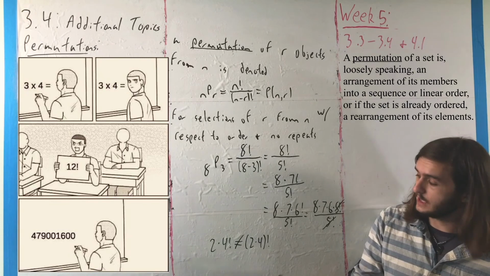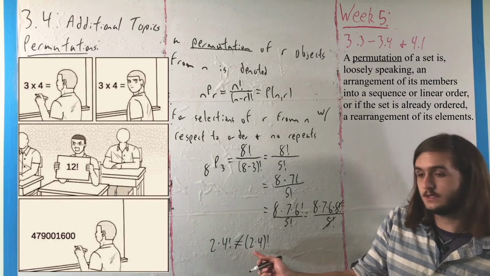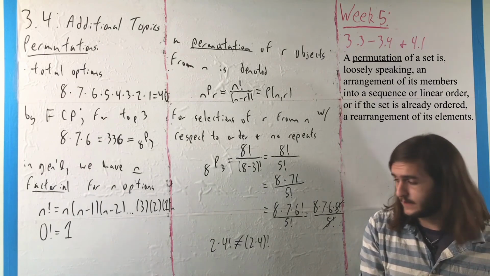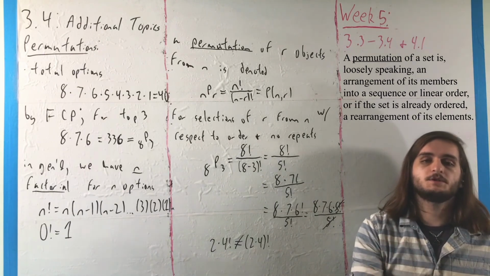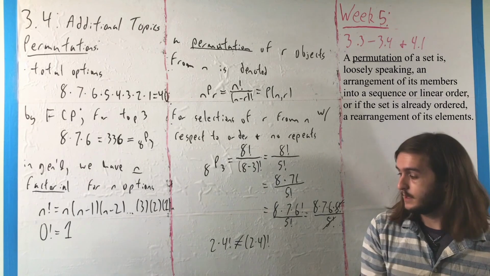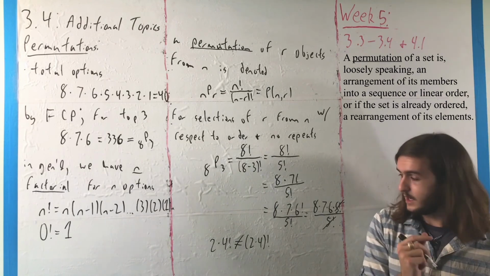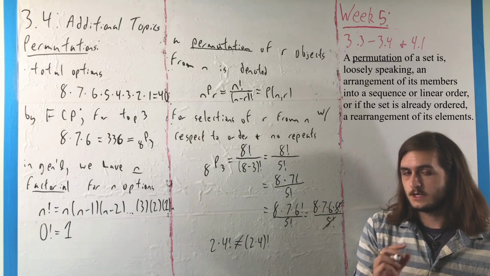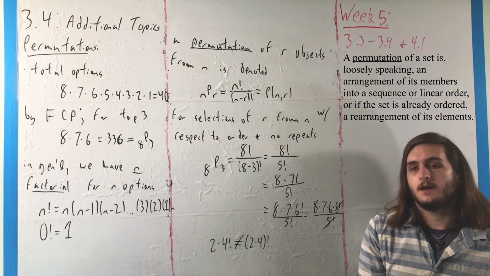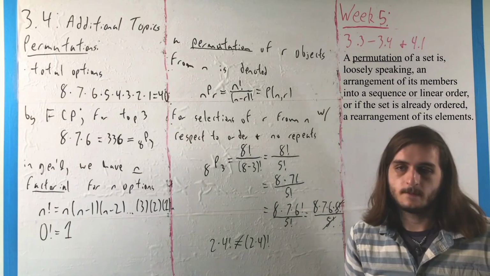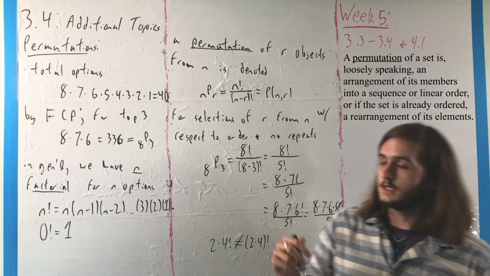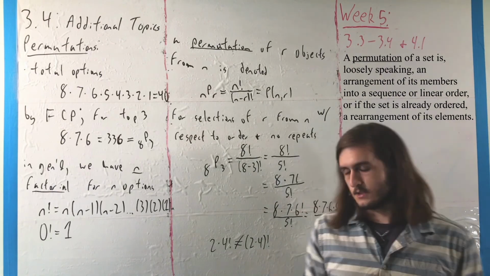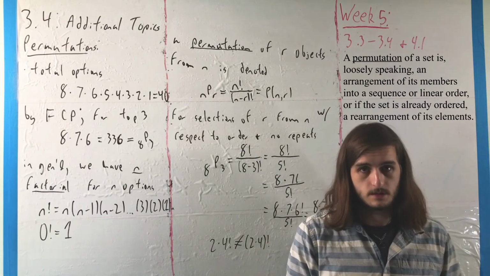There are a couple of special cases where they're equal, but usually this is a much bigger thing. So be very careful about how factorials are arranged when you're looking at multiplying them or canceling them, and don't stick them together until you know that that's all that's left. It's very easy to turn something that doesn't have a large number of options into a thing with a considerably more ungainly amount of options when it comes to factorials.